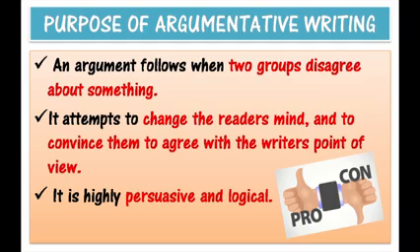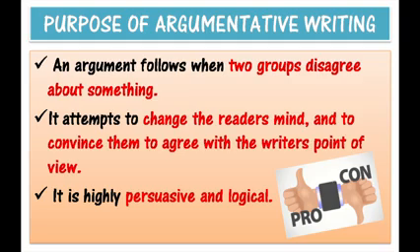So whenever we do a writing, we should know that it has got some purpose for it being written. So if you see, when does an argument arise? It's a general thing. It may happen in day-to-day life.